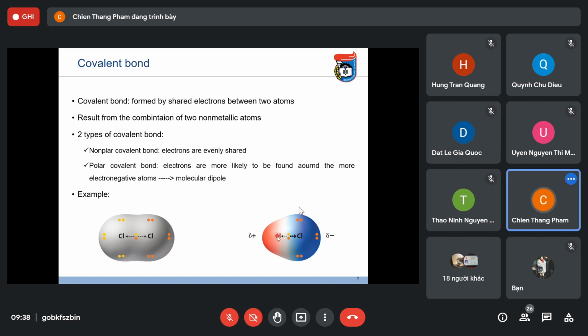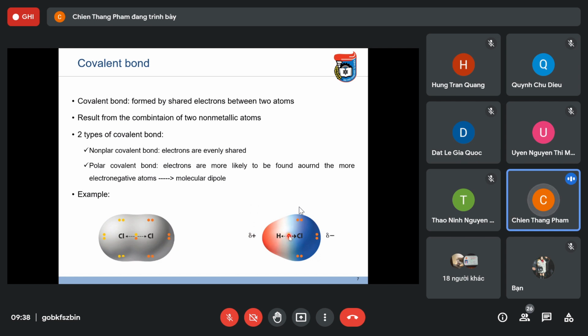However, because chlorine has more electronegativity, the chlorine atom will attract the sharing electron pair, so the pair moves toward the chlorine atom, and this causes a polarization of the molecule.